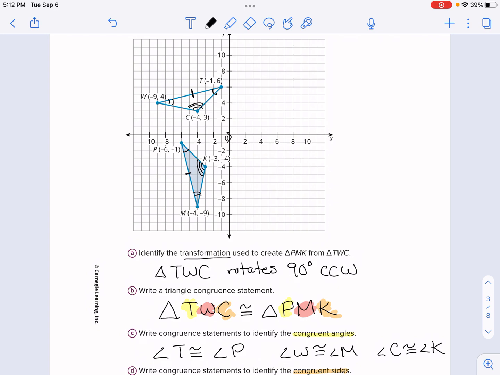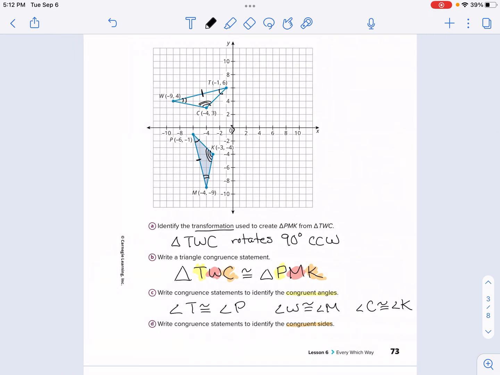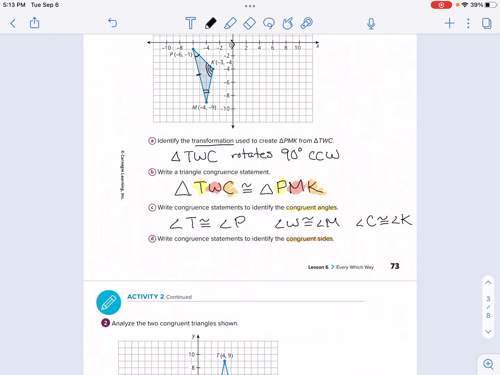With this, we want to be careful not to confuse it with MP, because you would be saying specific angles are congruent there, and they're not. So, not angle, side length. So line segment TW is congruent to line segment PM. TW, that's right here. PM, that's right here. You can see that they're the first and the second spot.